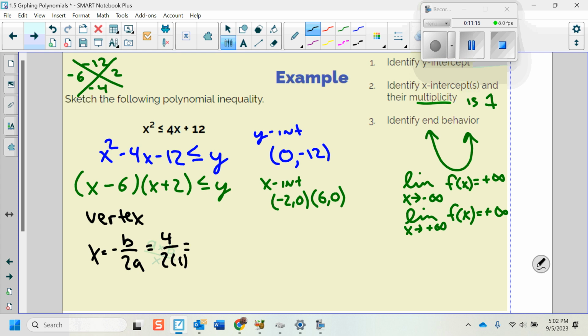So the vertex should lie when x equals 2. And if I plug in 2, I get 2 squared minus 4 times 2 minus 12, which is 4 minus 8 minus 12, negative 4, negative 16. So in actuality, my vertex should be at 2, negative 16.